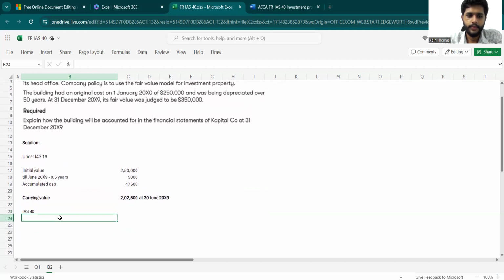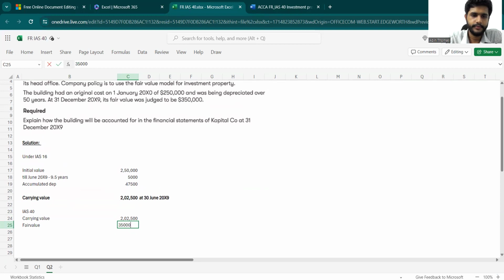So what do we have to do? The carrying value is 202,500. The fair value is 350,000. What happened to the revaluation?